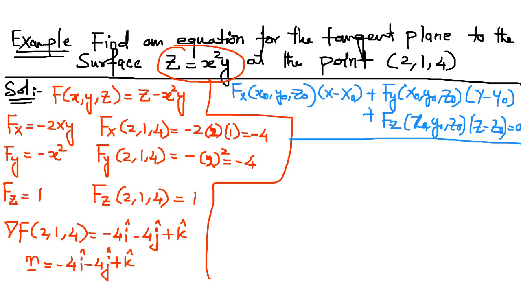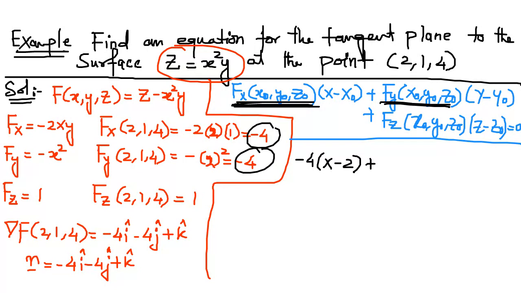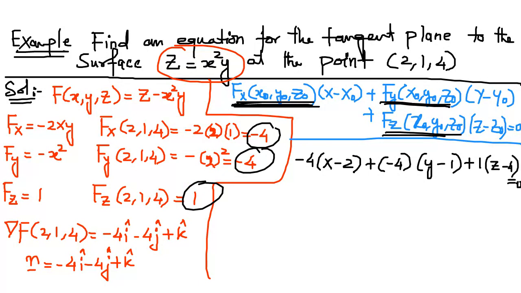I write again the formula because if you see it many times you will remember that. So substitute the values. Partial derivative with respect to x at that point is equal to minus 4, you can write minus 4, x minus x naught is what? 2. Plus partial derivative of y, that is also equal to minus 4, y minus 1, plus partial derivative with respect to z, that is equal to 1, z minus 4, which is equal to 0.